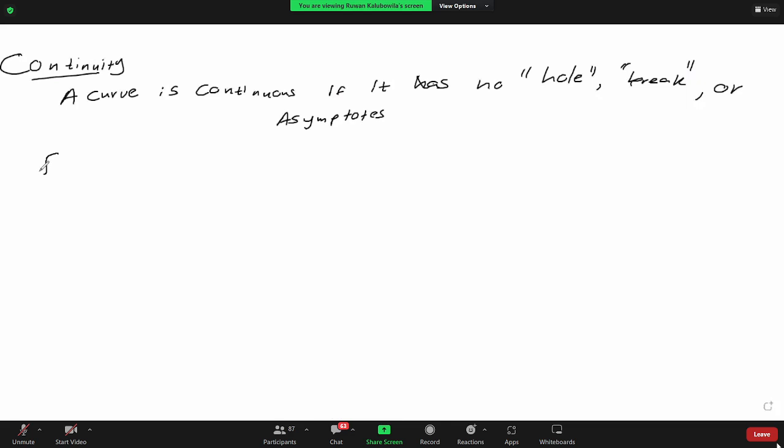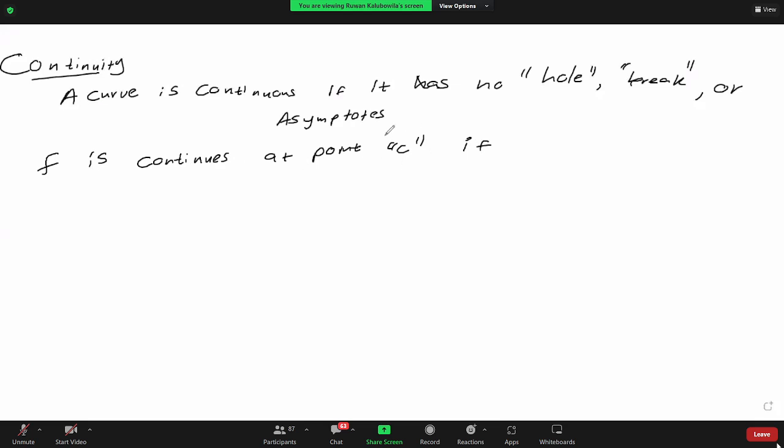Let's say our function is noted as f. If f is continuous at the point c, we can say f is continuous at a point c.